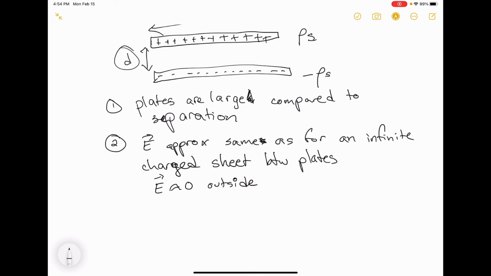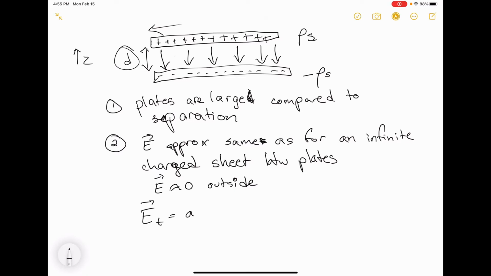So between the plates, the electric field starts on the positive charge and points down to the negative charge. And we have a contribution from the positively charged plate and from the negatively charged plate. So the total electric field is, let's define a direction, so that up in our picture is the z direction.